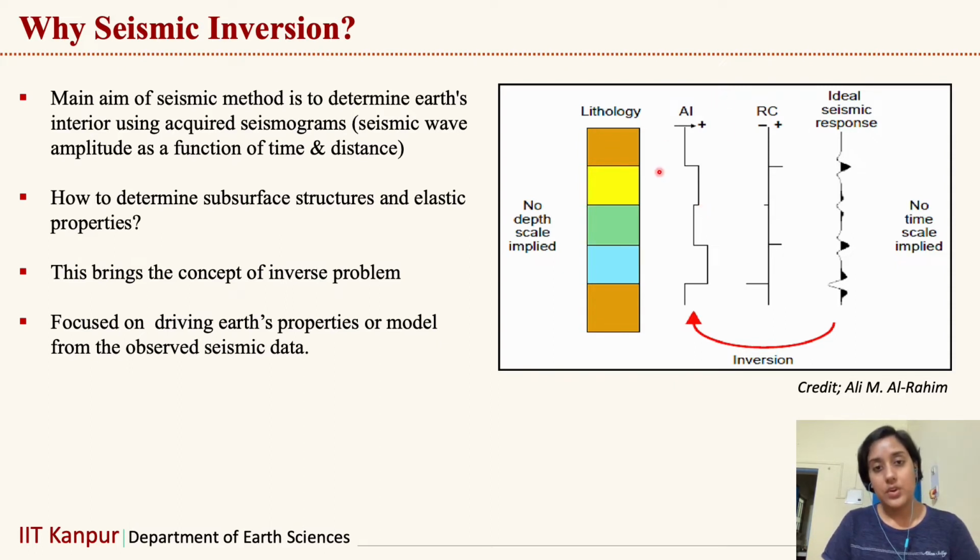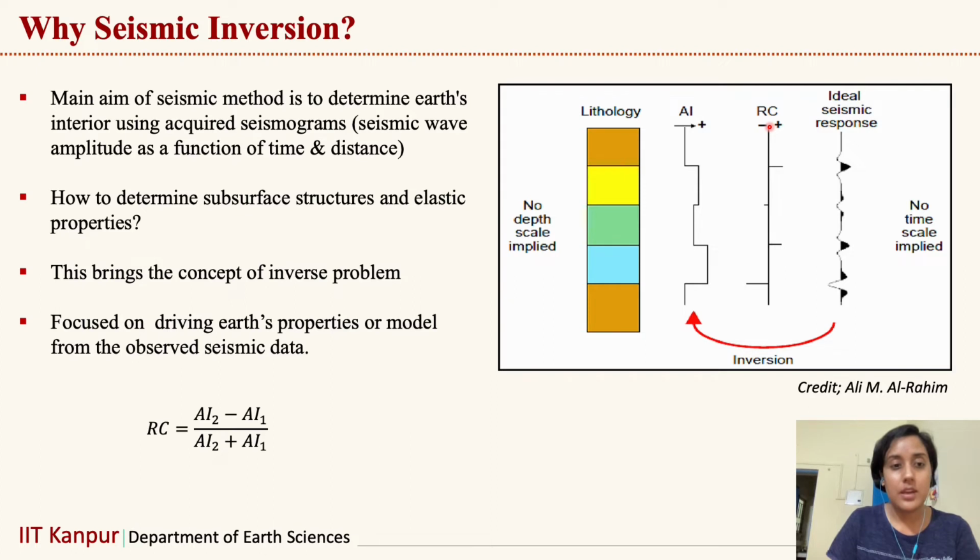From this acoustic impedance, we can easily get the reflection coefficient series, and we get the reflection coefficient using this formula, which is the difference of acoustic impedance divided by the sum of acoustic impedance of the two lithological units.